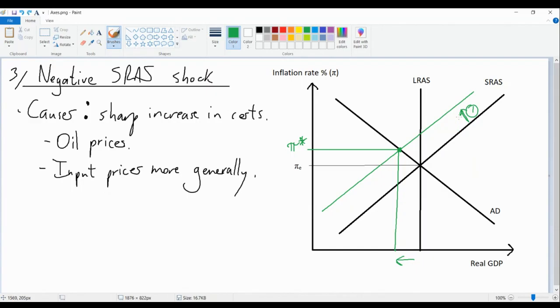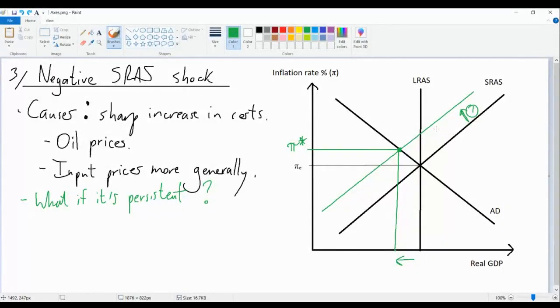But again, what if this is a persistent shock? What if it doesn't go away? Well, again, if something doesn't go away, what does it do? It starts to affect expected inflation. It affects expected inflation, then maybe this does become expected inflation.